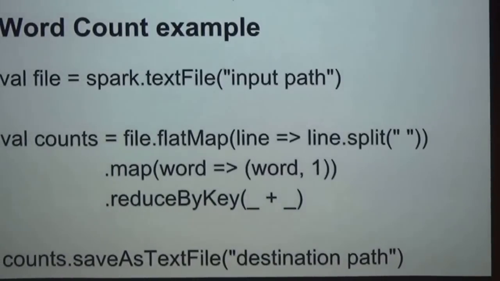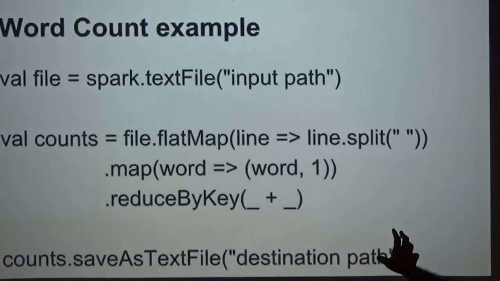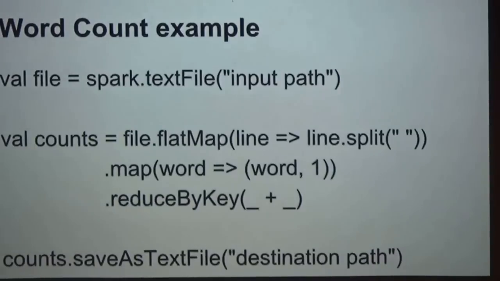Yeah, so this is a small example. If you just ignore the first line and last line, this part is the word count logic itself. This is written in Scala. What I am doing is I just read the file, which can be on, let's say, HDFS or in local mode, my local machine also, right?